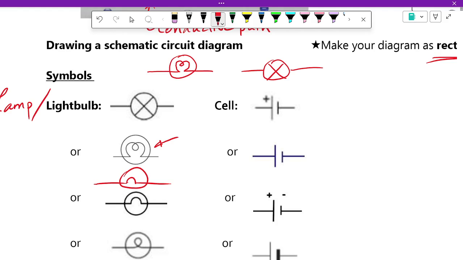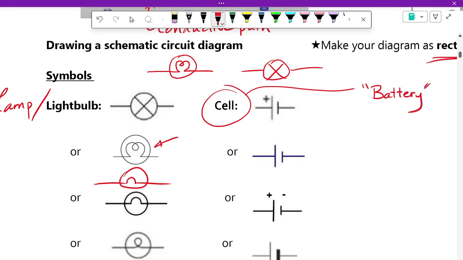Now, a cell is actually a name for a battery. Okay, but in physics, we call batteries cells. This is the physics word. Also in chemistry, physics chem word is cell.